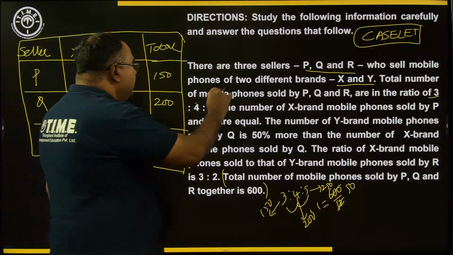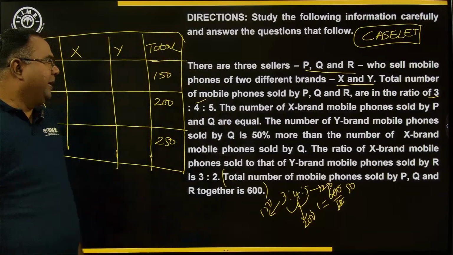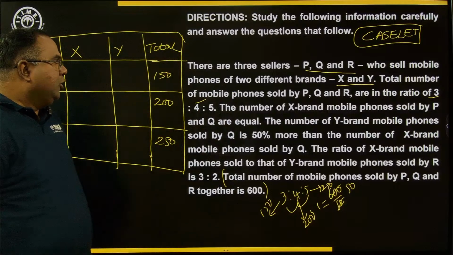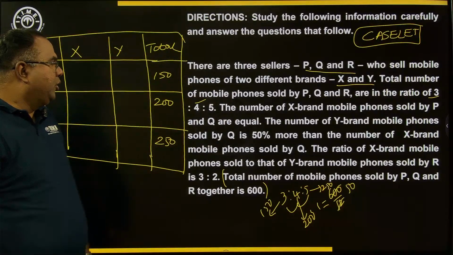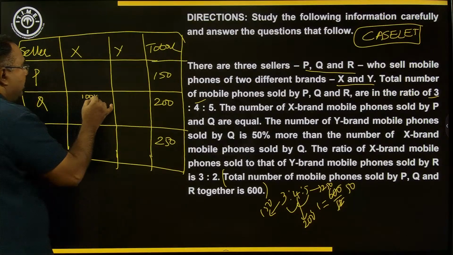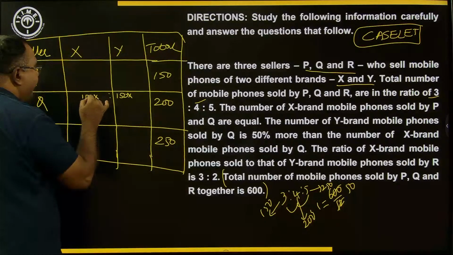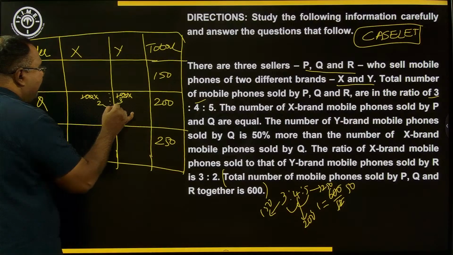This is done. Right? Number of brand X mobiles sold by P and Q are equal. Okay. Total number of Y brand mobiles sold by Q is 50% more than X brand mobiles. This is 100%, this is 150, 50% more, 150%. What is the ratio? 3 and 2, so total 5 parts, 200.